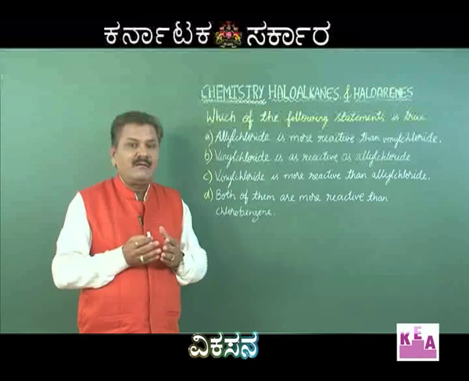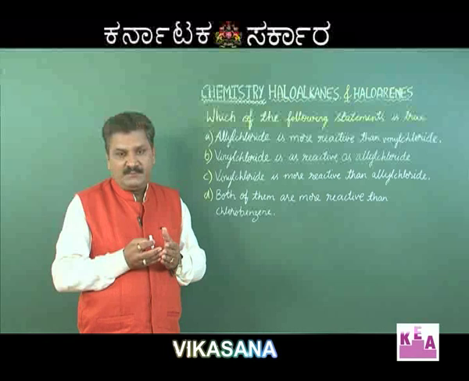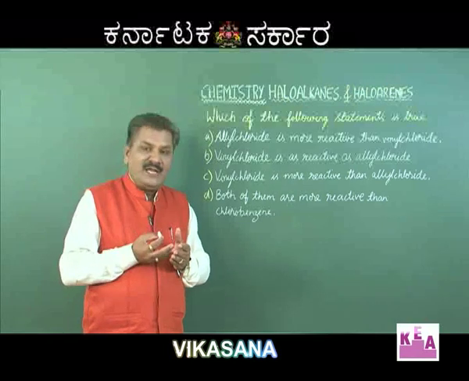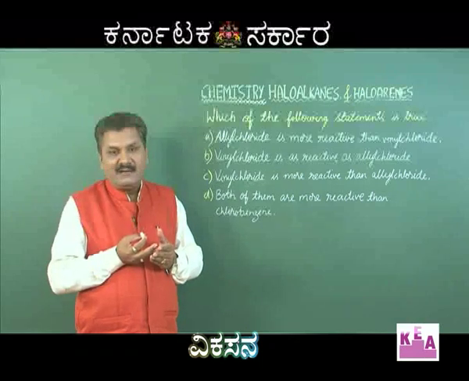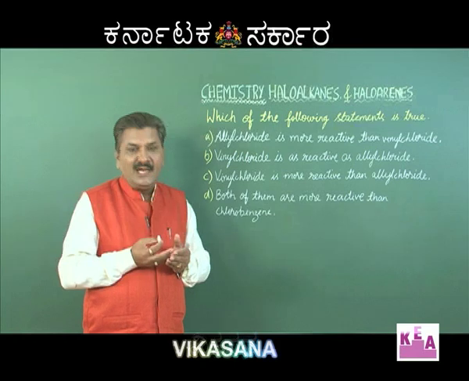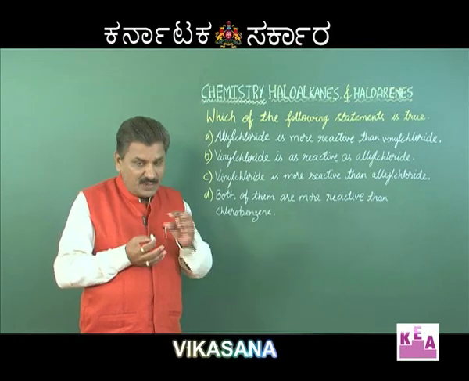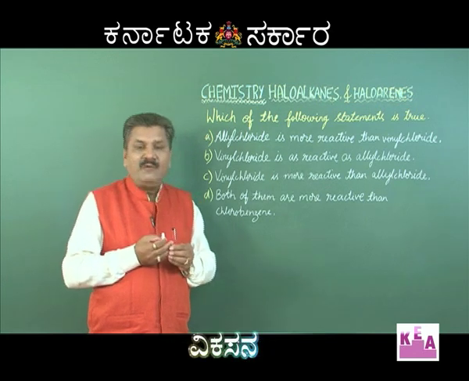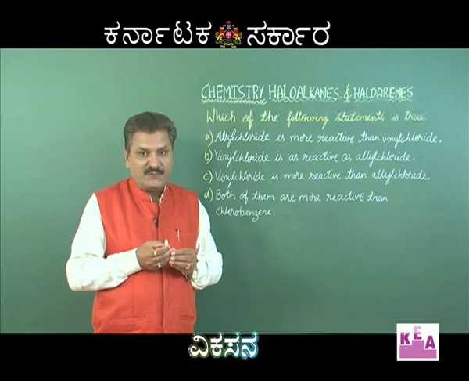I had told you that benzyl chloride is benzyl halide, ethyl bromide is alkyl halide, vinyl chloride is alkenyl halide, 3-chloropropene is allyl halide, and chlorobenzene is aryl halide. We should remember the reactivity order of these different types of halogen derivatives.